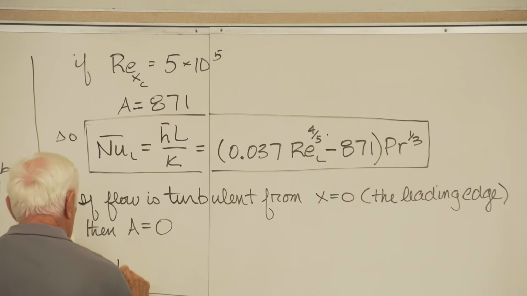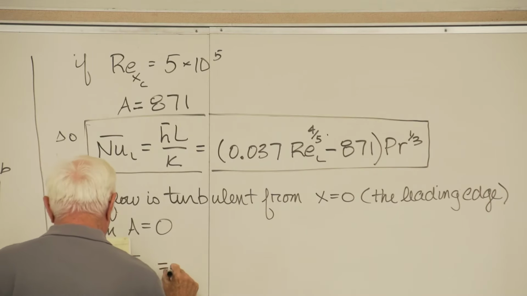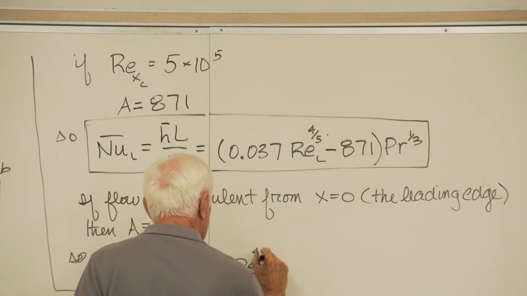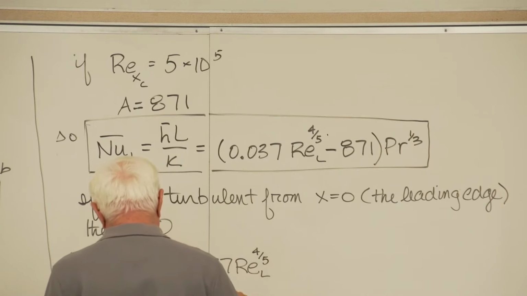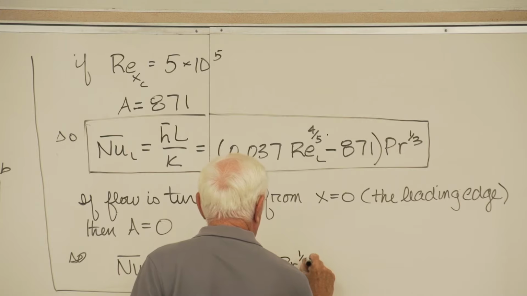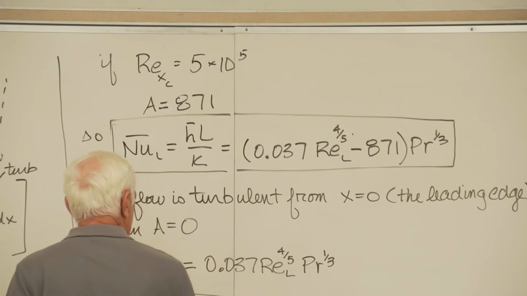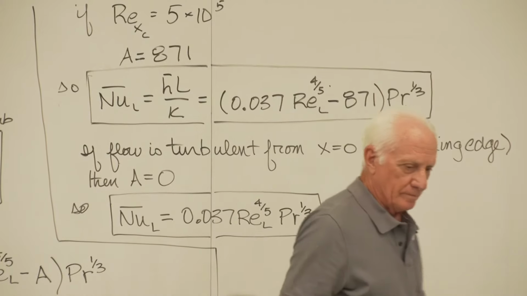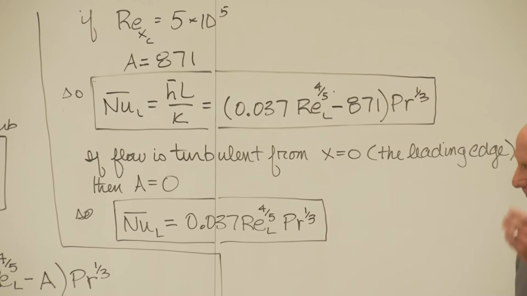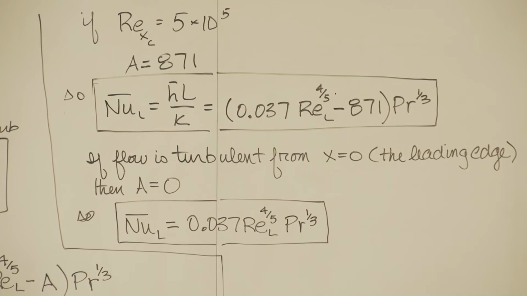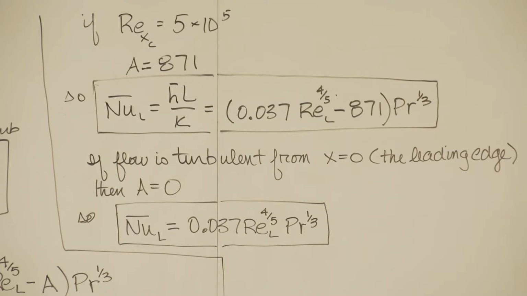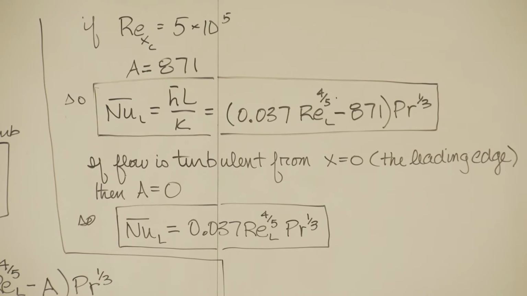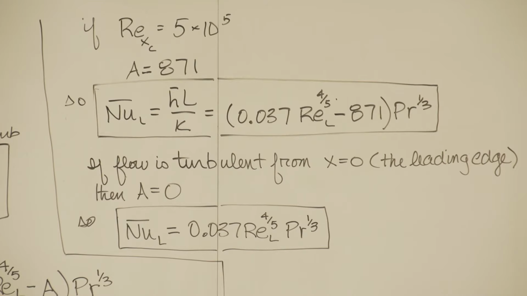So we get this. So that is the average value of the Nusselt number, which is, of course, the average value of H, if the flow starts out turbulent from the leading edge.